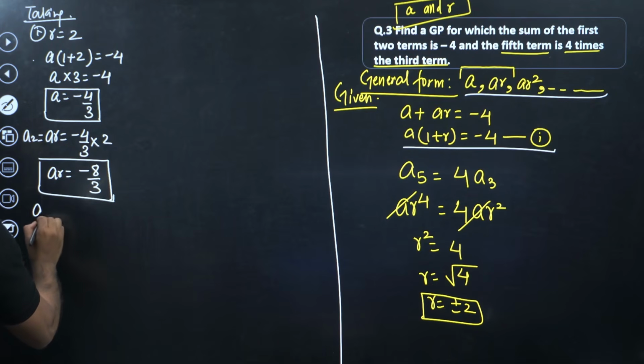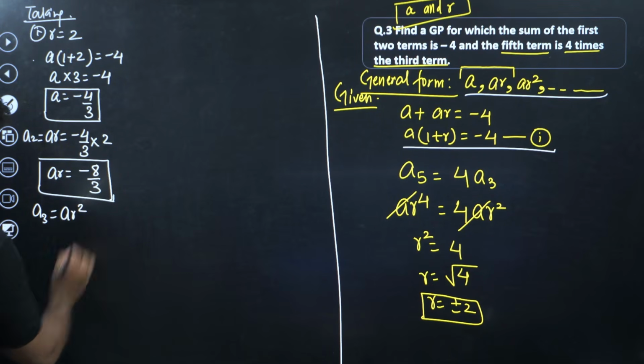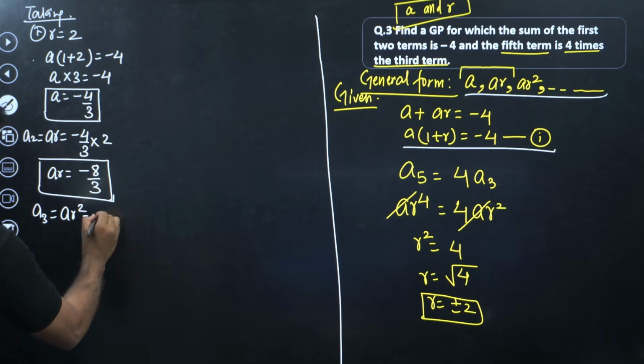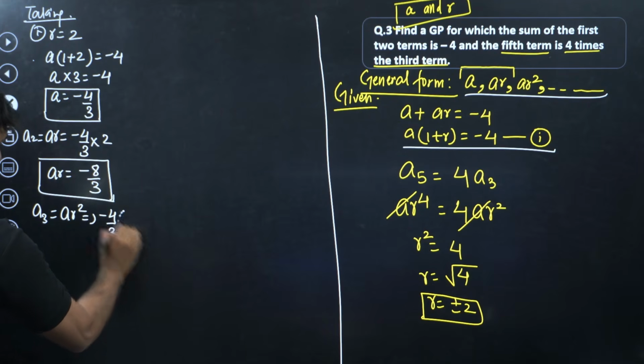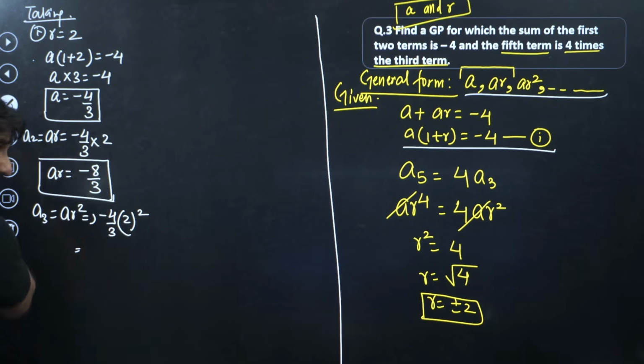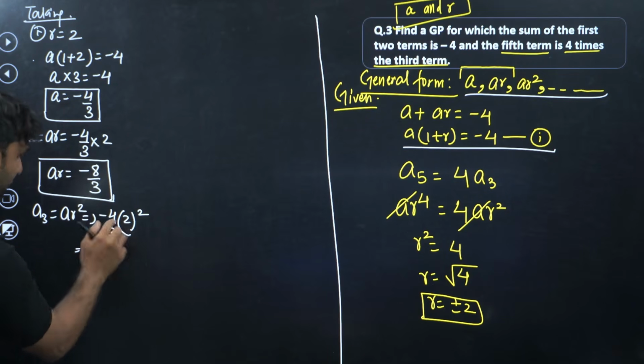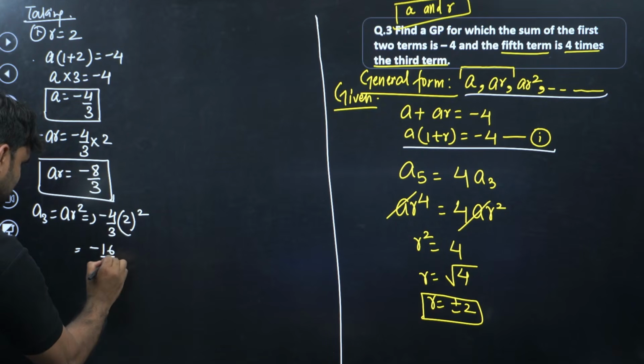Now the third term. What is the third term, guys? AR square, right? So A is minus 4 by 3 and R is 2, but squared. So 2 square will be 4, guys. 4 into 4, minus 16 by 3.